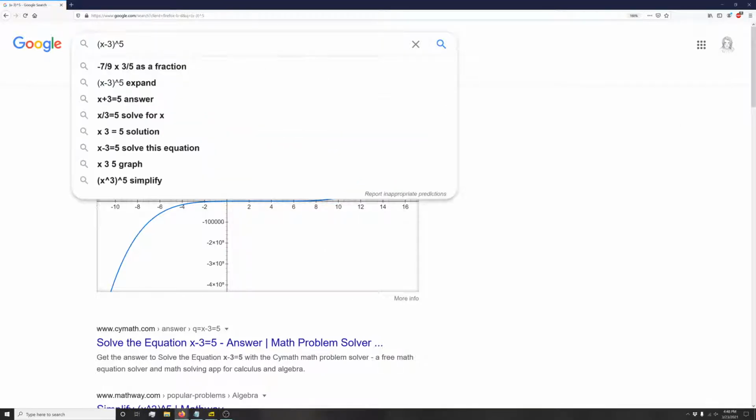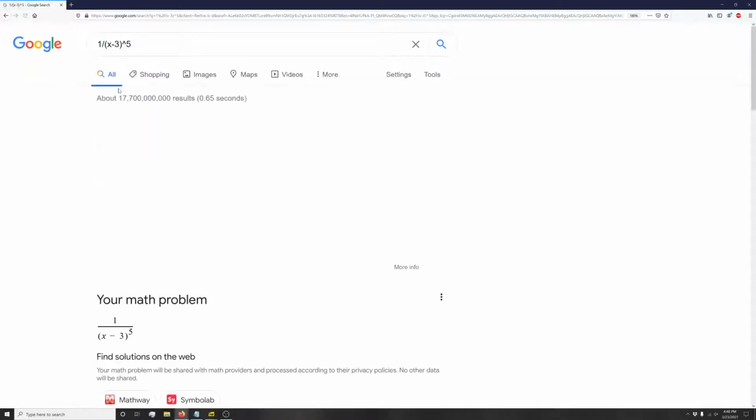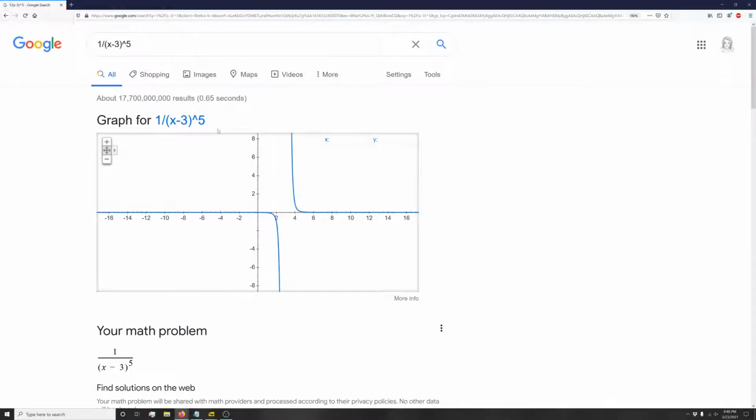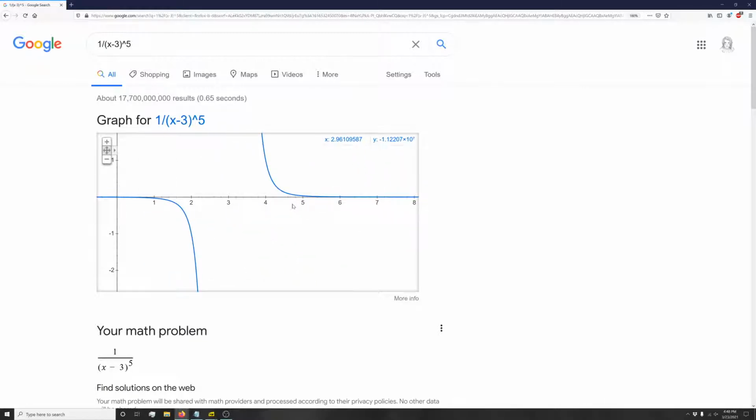However, if it was something like 1 over, then it has a horizontal asymptote as well. It should be approaching 0 as well, and you can see that it's getting really, really close to 0, really quickly.